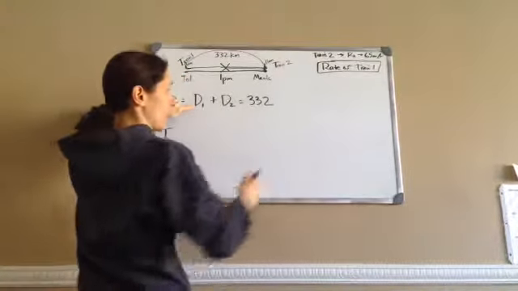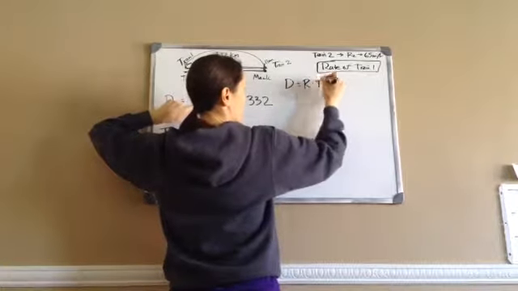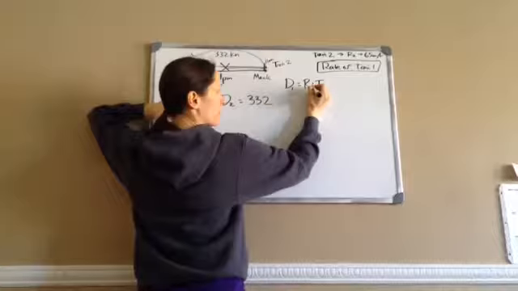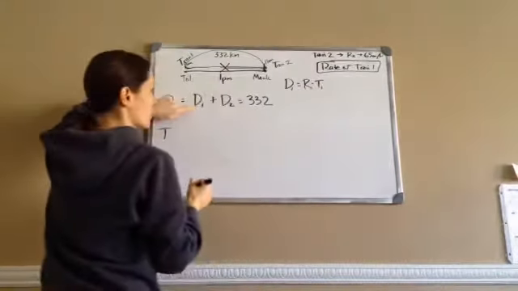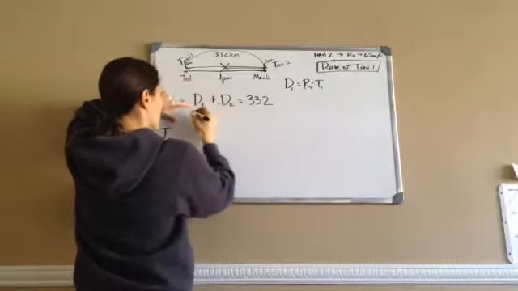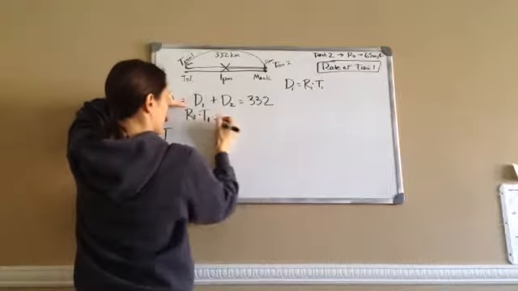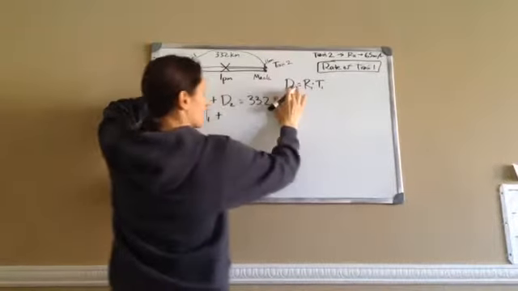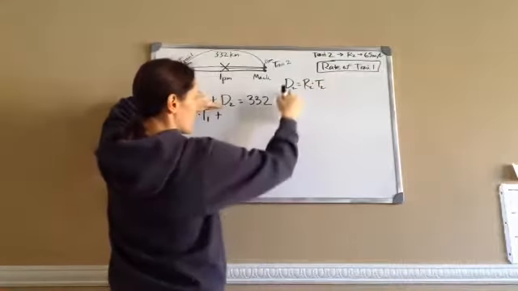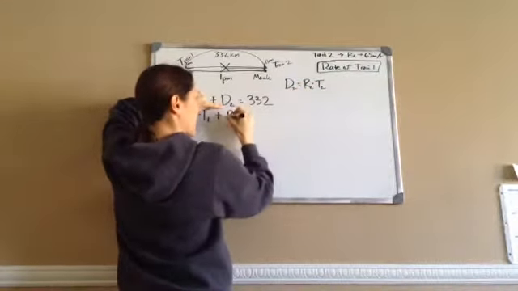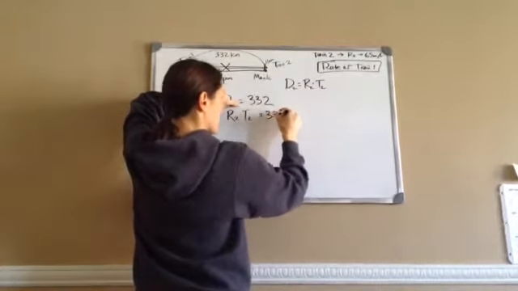Which is really saying, because distance equals rate times time, that the distance of the first train equals the rate of the first train times the time of the first train. So D1 is R1 times T1, plus, and then this would be 2, the rate of the second train times the time of the second train, which equals 332. Good?